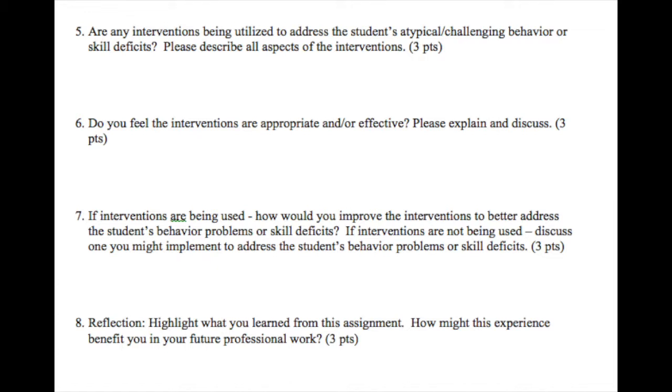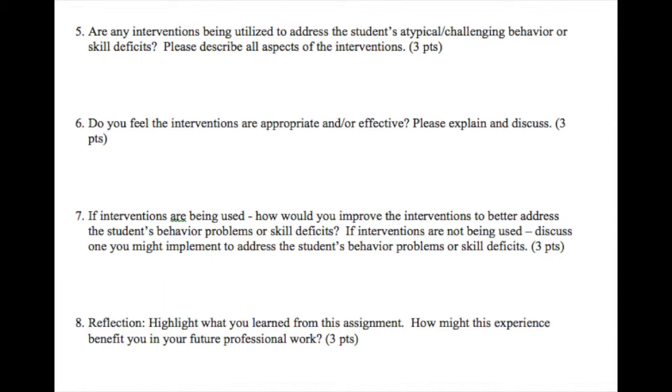The last part of this assignment is just a reflection. So you just need to talk about what you learned from doing this assignment and how this experience might benefit you in your future professional work. So try to go a little bit more in depth in your answer, instead of just saying, I learned a lot from this assignment, or I learned that it's important to observe students with ASD.